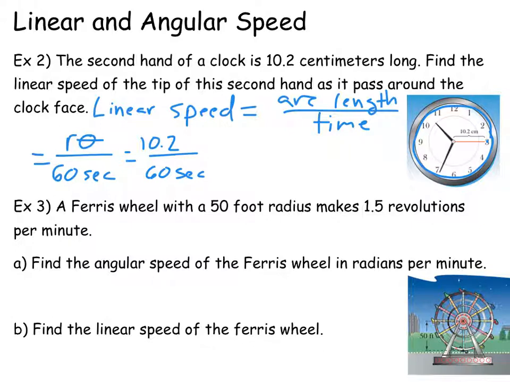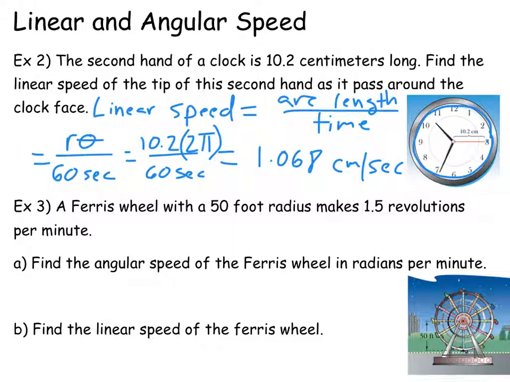And it's talking about 1 revolution all the way around the circle, so it's 2 pi. And again, to use that simplified formula of r times theta, I've got to be in radians. Now I would just simplify this, and what you'll end up getting is about 1.068, and my units were centimeters per second. That's how fast, for a clock that size, the tip of that second hand has to be moving.